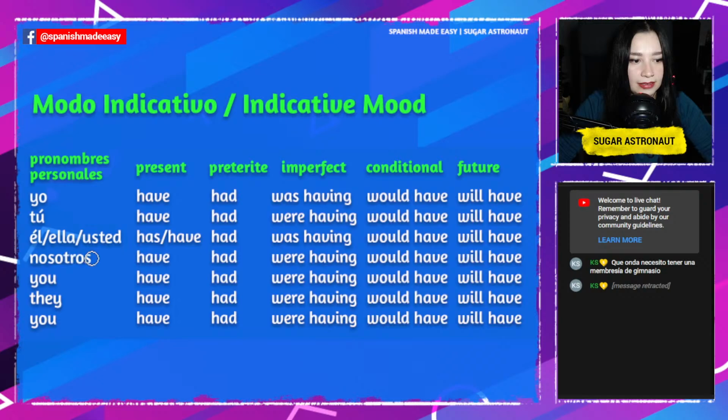We, nosotros. Nosotros means we. Vosotros means you, plural and from Spain. Remember that. They, ellos and ellas. Remember, masculine, ellos. Feminine, ellas.